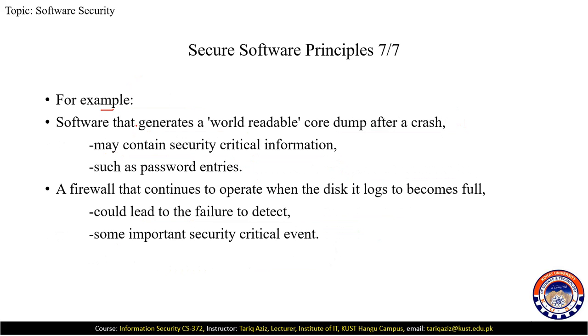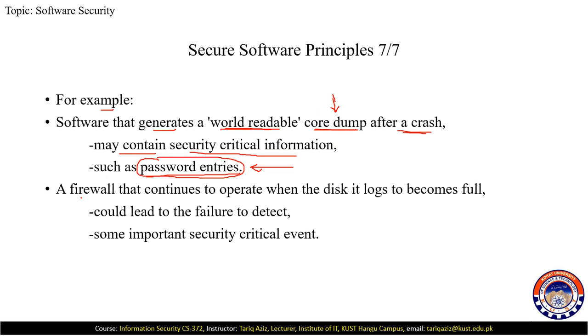For example, some software generates a world-readable core dump after a crash. Now, what's in this core dump? It may contain security critical information such as password entries. And when a hacker gets hold of this core dump, then he can easily compromise your passwords. So this is the first example.